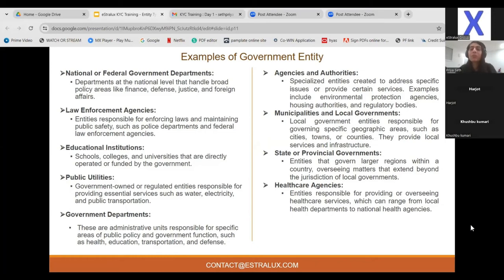But from the KYC perspective you don't have to go into so much detail. You should just know at a glance that if an electricity or .gov site has come, it is a government entity. That is the whole purpose of this chart, for you to refer to. You can always dig into it and learn more when you have free time.